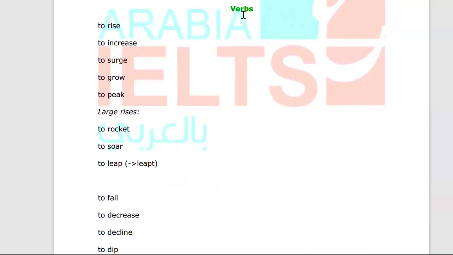The verbs that you will use when you want to talk about data and the description of these data are to rise, to increase, to surge, to grow, okay, to peak.